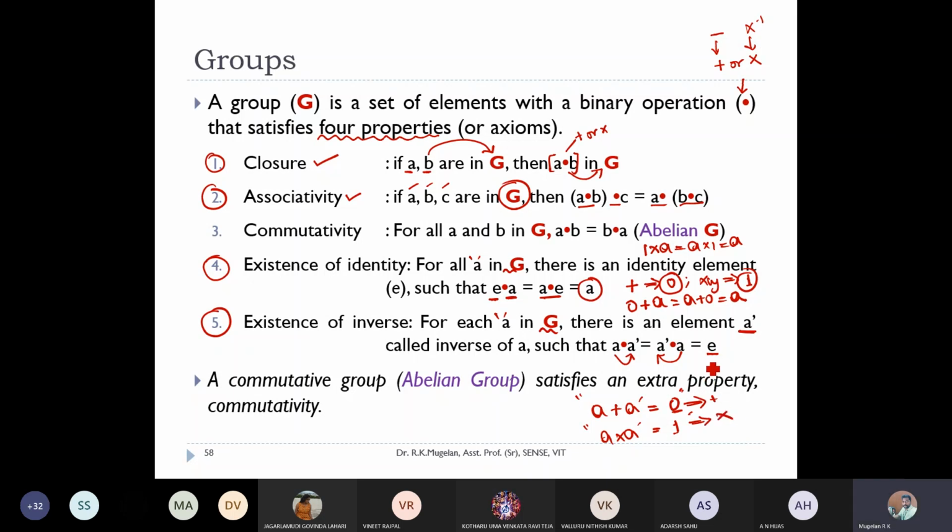So if this set of elements along with the binary operation satisfies the properties of closure, associativity, existence of identity and existence of inverse, then I can call them a group.